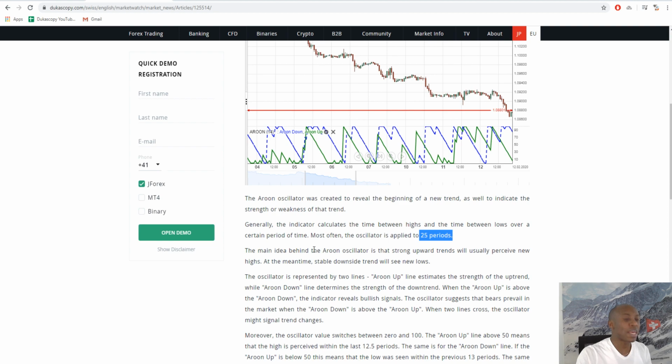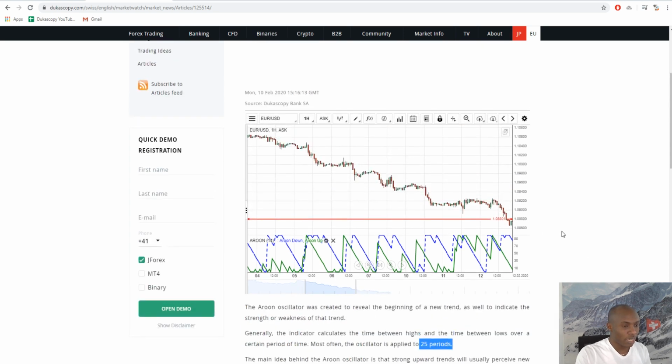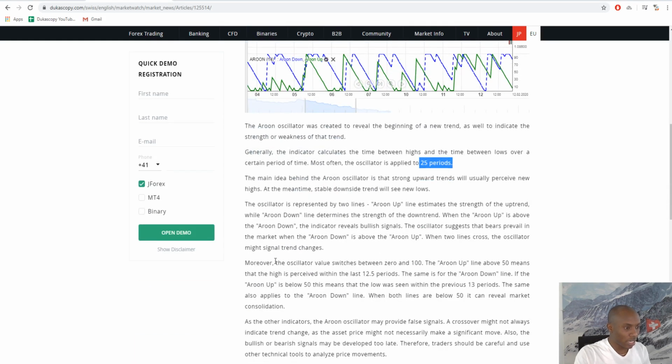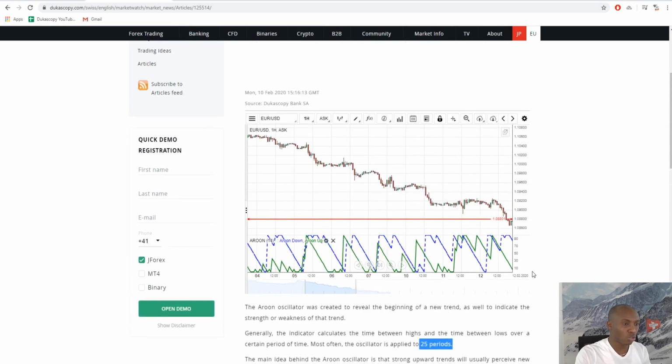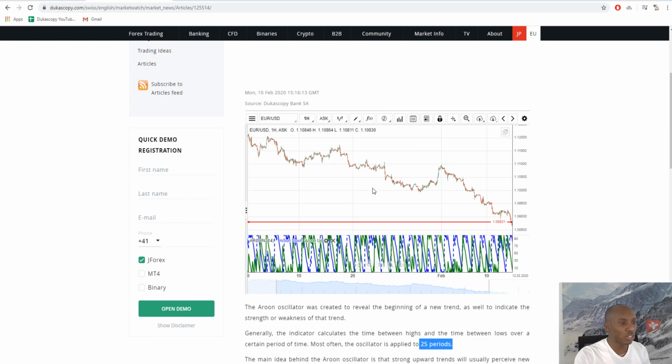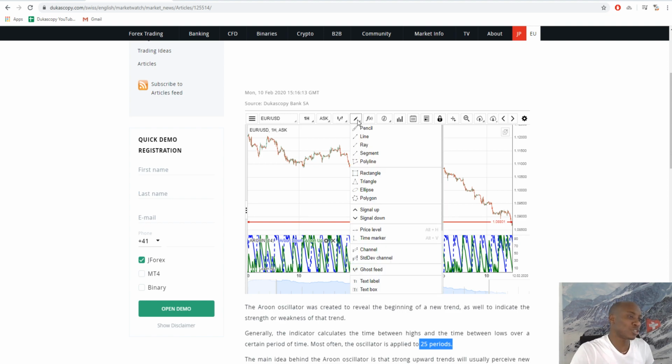In other words, when this Aroon indicator shows a flash of upward trend, like what you're looking at right now, it ends up bringing a new high. So I would say it's more or less price action.